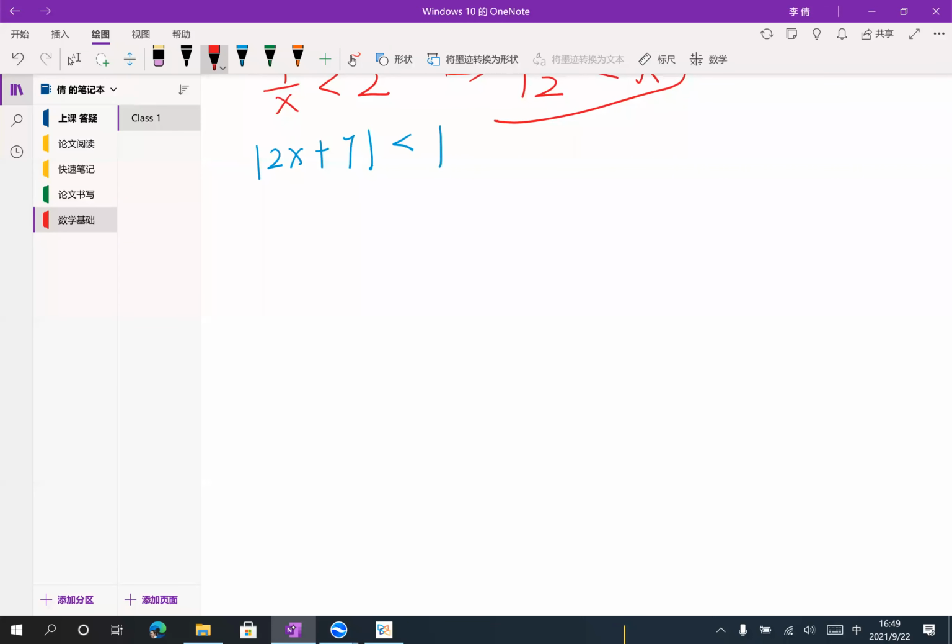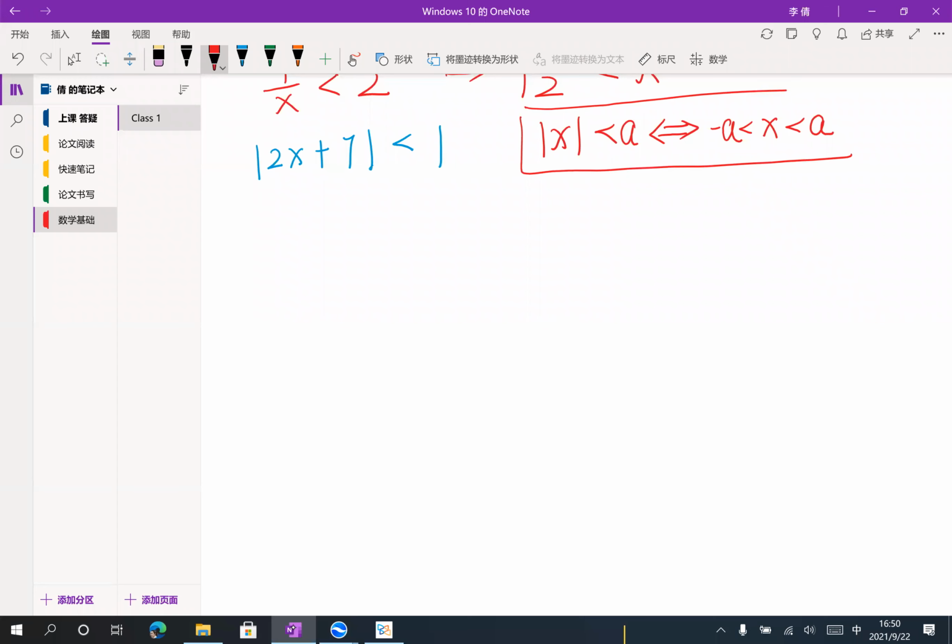To solve this inequality, we will use this property: the absolute value of x is smaller than a if and only if x is larger than minus a and smaller than a, right? We use this property to solve this inequality. And let's see the solution.